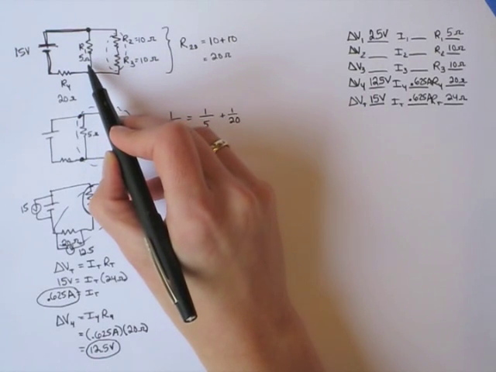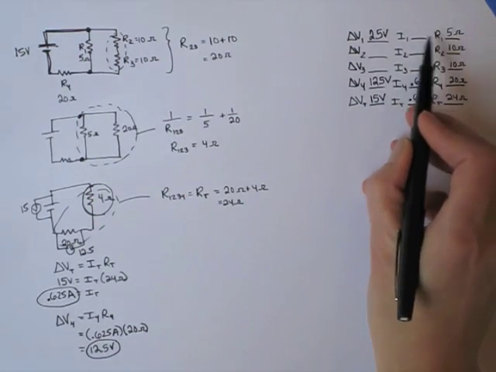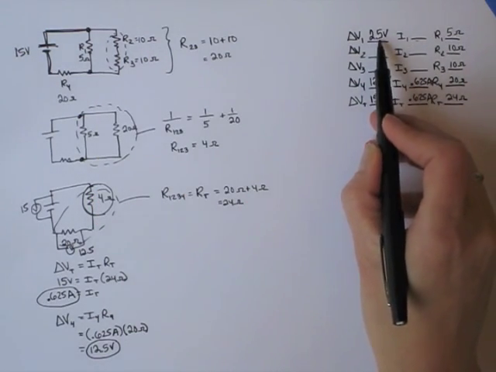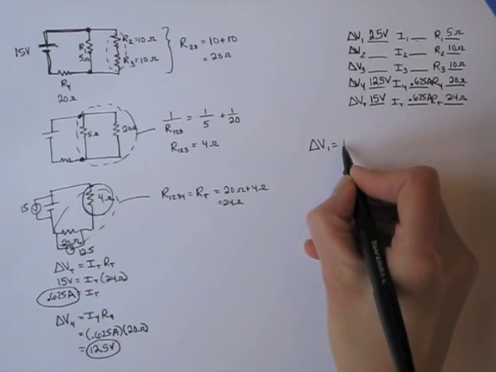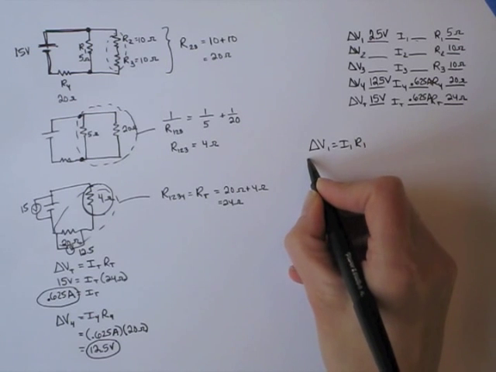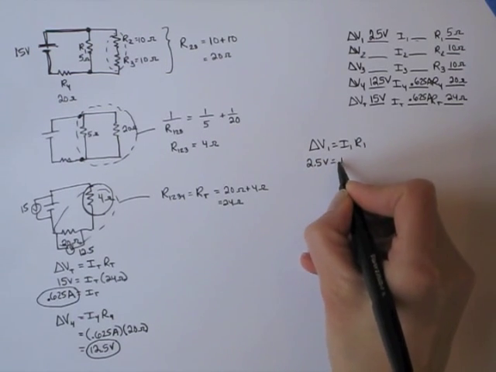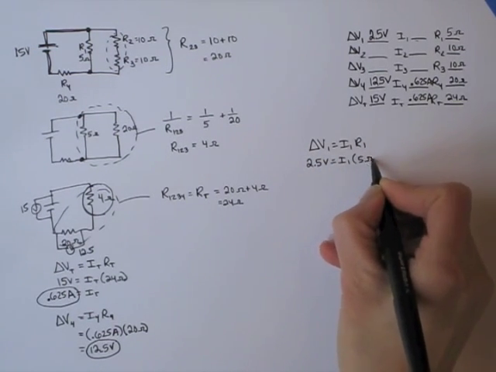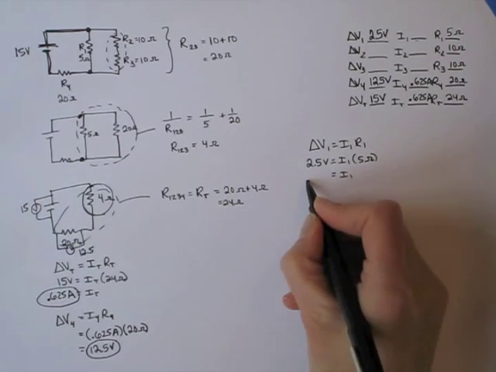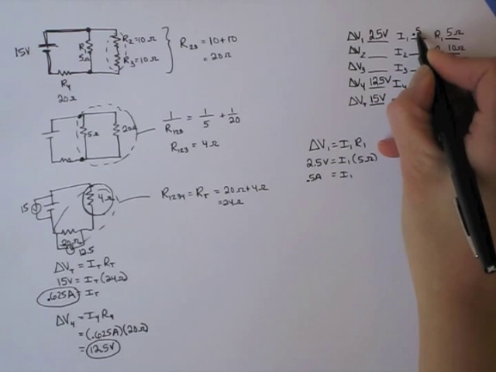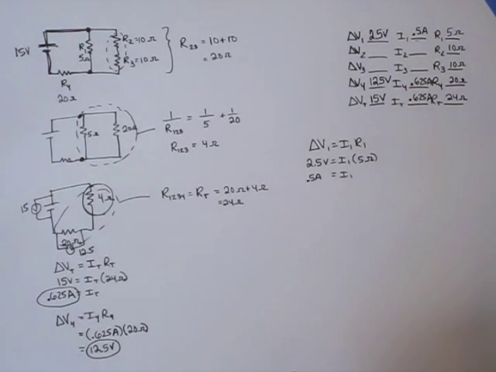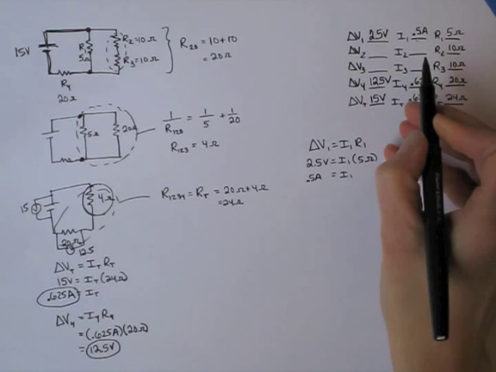I'm going to go ahead and finish with R1 right now because I see that I could find the flow. So for resistor 1, I can find the flow rate. 0.5 amps. Okay, so now let's see.